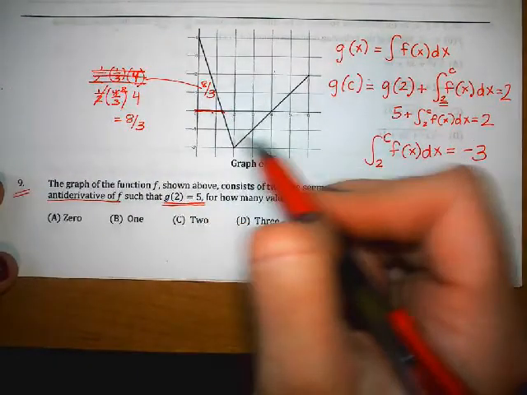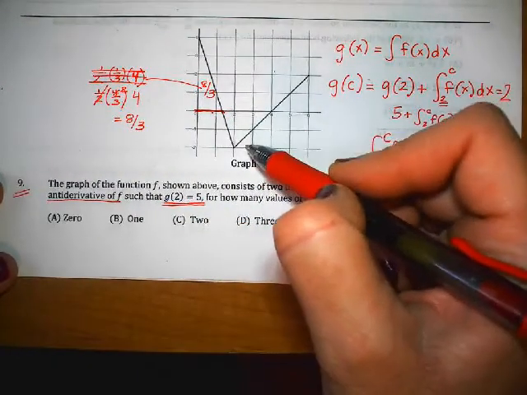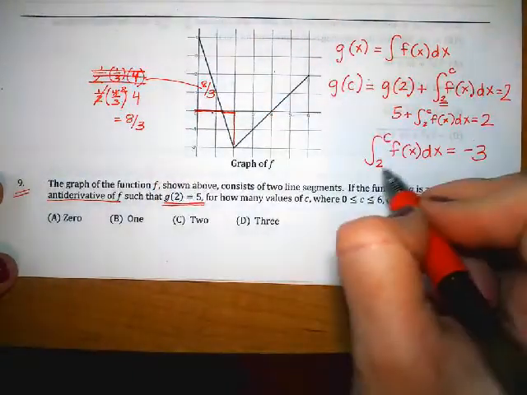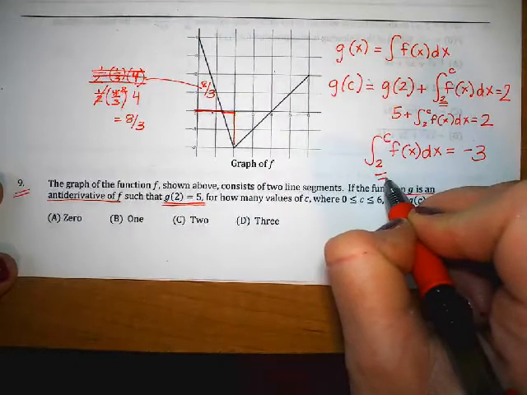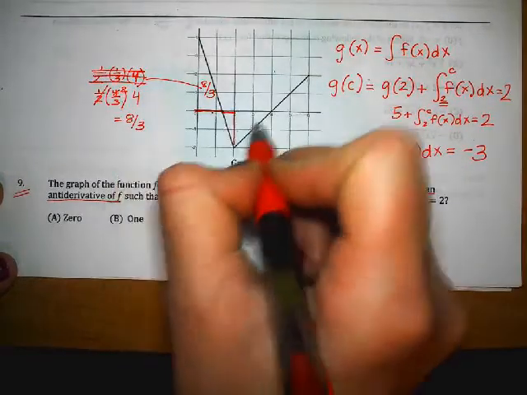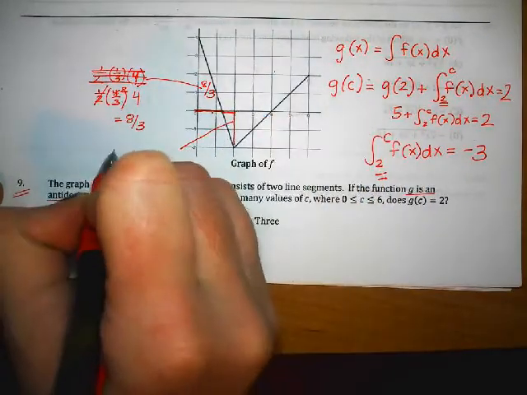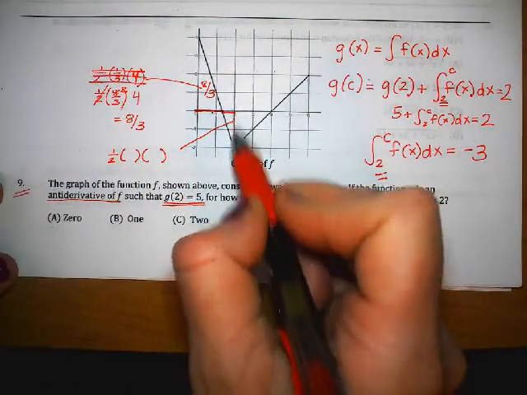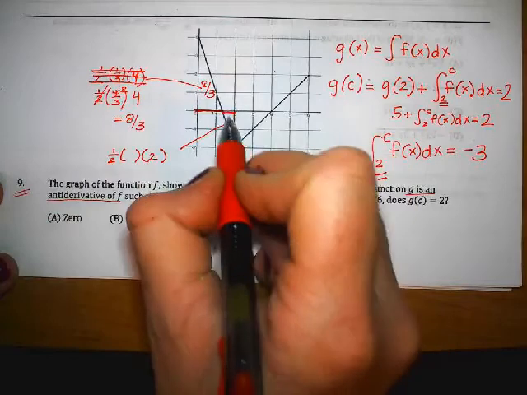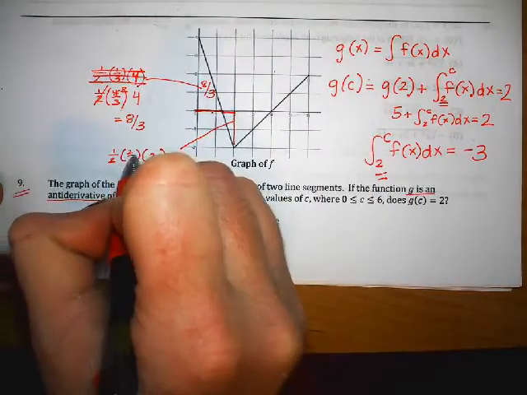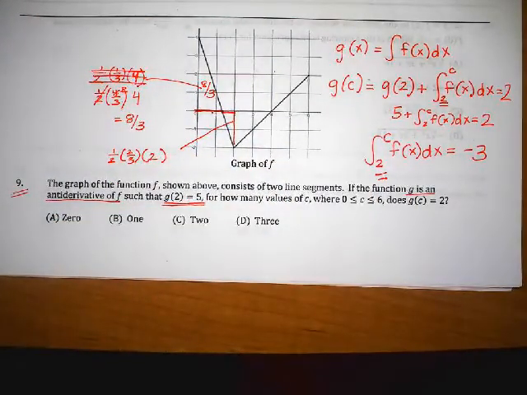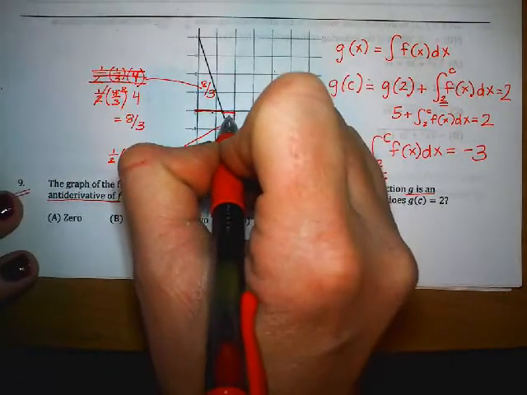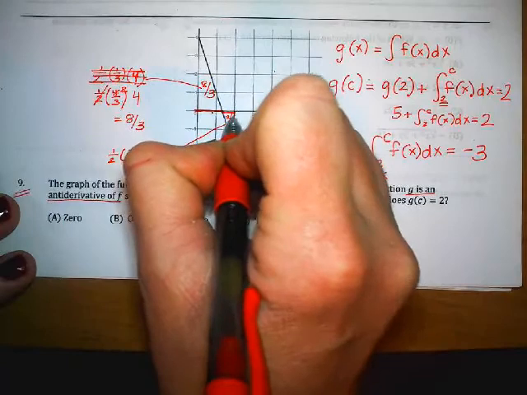I also want to find my area down here. Now, instead of just treating this like one big triangle, I'm going to cut it off at 2. The reason that I'm going to cut it off at 2 is because at the bottom of this integral, things are starting at 2. And so I'm going to find this little area, which is 1/2 base times height. The height here is 2. The base here is 2/3. So the 1/2 and the 2 can cancel each other off, and this little area in here is simply 2/3.